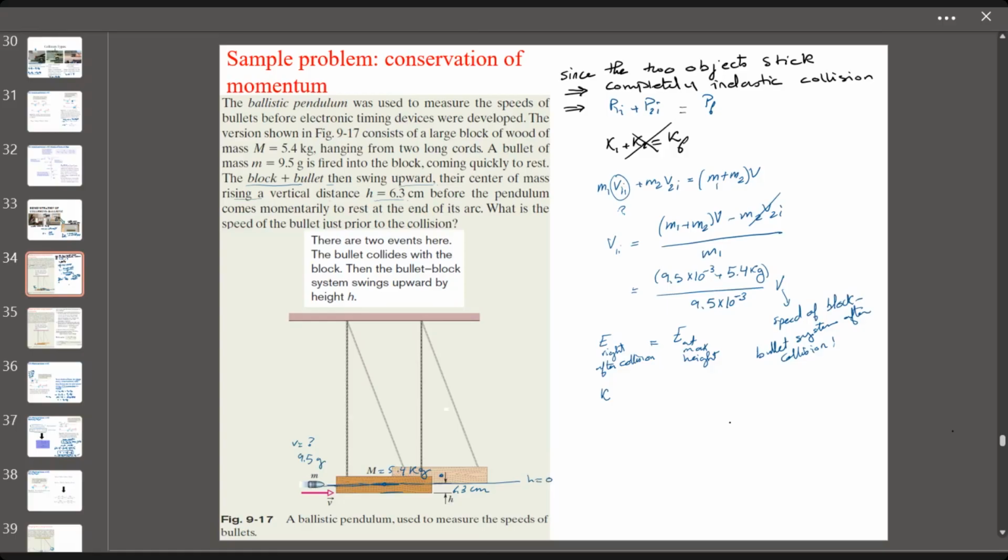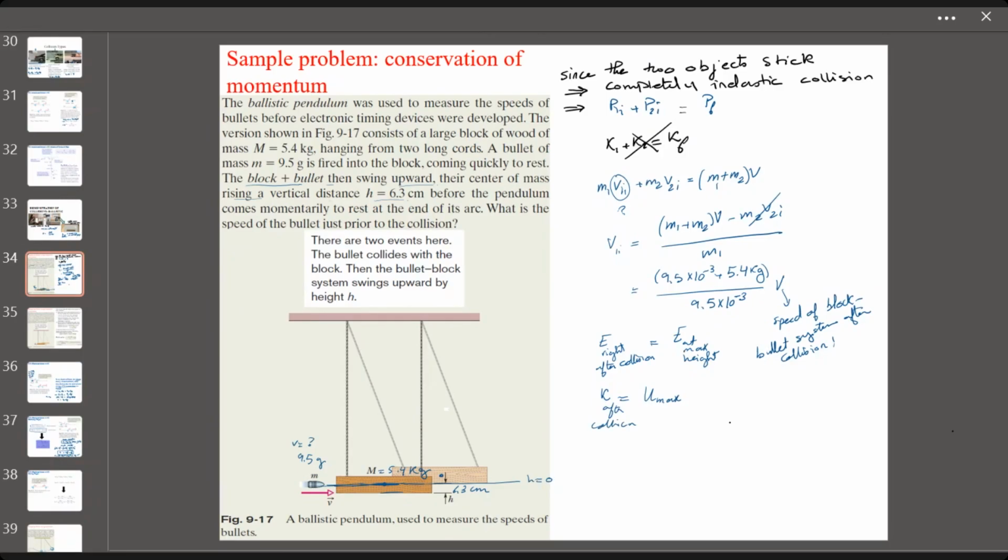The system was here. This is my zero height. So I don't have any potential energy. I only have the kinetic energy acquired from this speed that is obtained from the collision. At the maximum height, it's the other way around. I don't have a kinetic energy. I only have a potential energy. This is K after collision equals U max at the maximum height.